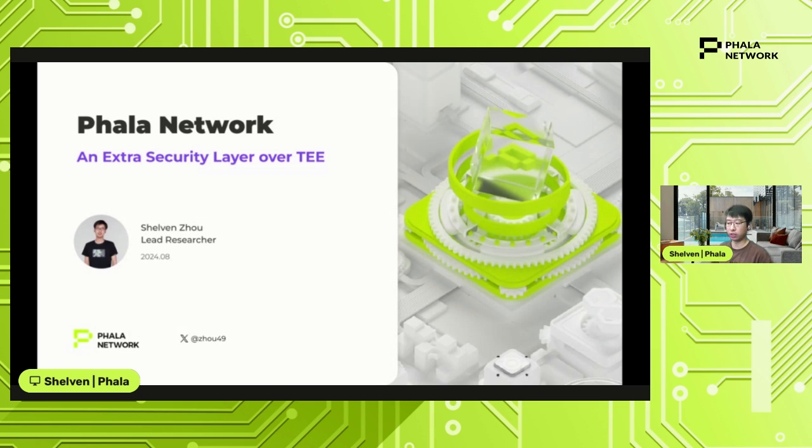Because the fact is that there are some historical vulnerabilities reported for TEEs. But on the other hand, there is a procedure you should follow. For example, there is a rule called responsible disclosure.